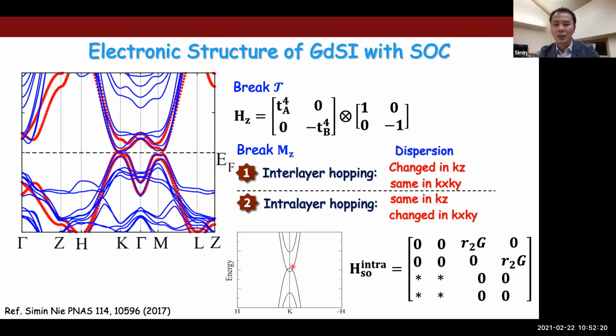Our first-principles calculations show that the dispersions in the H-K-minus-H direction are symmetrical with respect to the K point, so we only consider the interlayer hopping in this tight-binding model. Based on the tight-binding model, we calculate the band dispersions of gadolinium sulfur iodide, shown as the red dotted lines. It is clear that the tight-binding results fit the first-principles calculations very well.